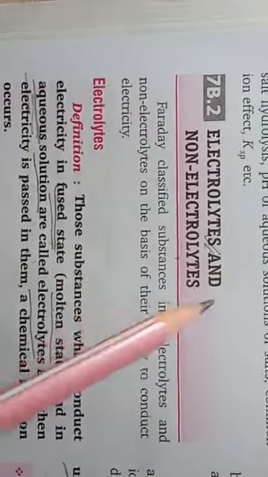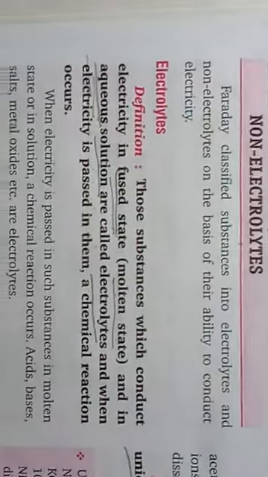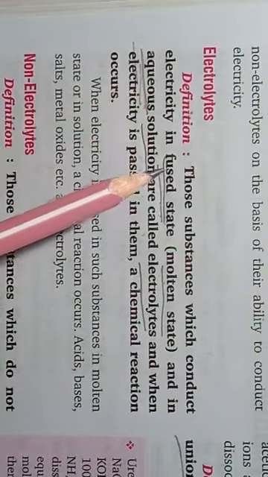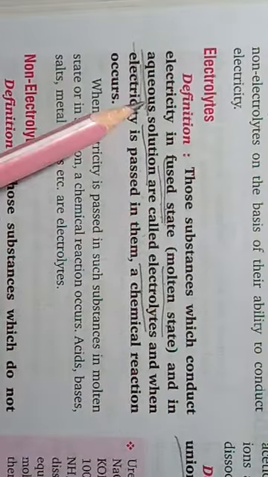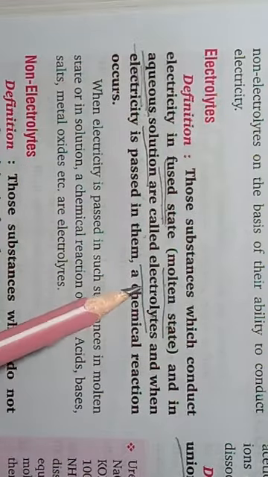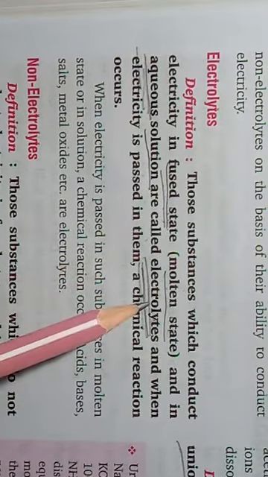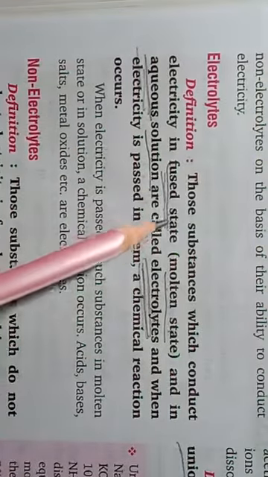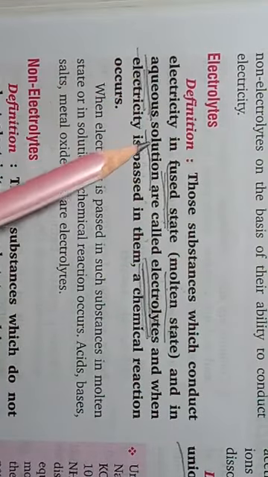The first heading of the chapter is electrolytes and non-electrolytes. Electrolytes are the substances which conduct electricity in fused state, fused state means molten state, and in aqueous solution. Electrolytes are ionic compounds, or electrovalent compounds, which show conduction of electricity in their fused state or in aqueous solution, means solution in water.